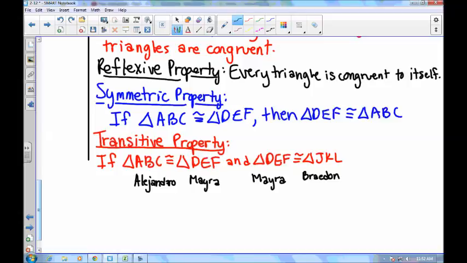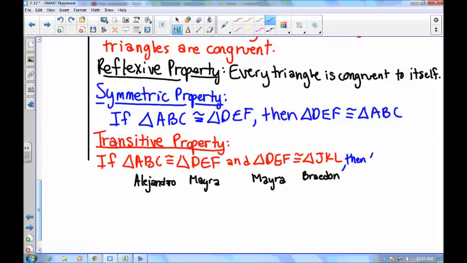Then, if triangle ABC is congruent to triangle DEF and triangle DEF is also congruent to triangle JKL, what can we conclude? Yep, so Alejandro is ABC, Braden is JKL, so ABC is congruent to triangle JKL.